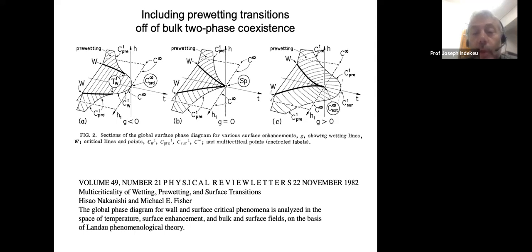So the bulk could be in a minus state, for example, and still we could cross this wing here, and this wing is a surface of phase transitions called pre-wetting transitions.